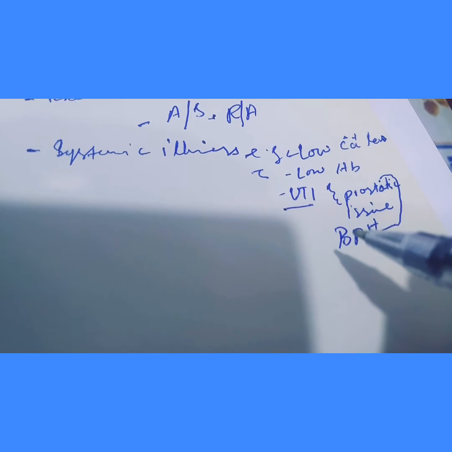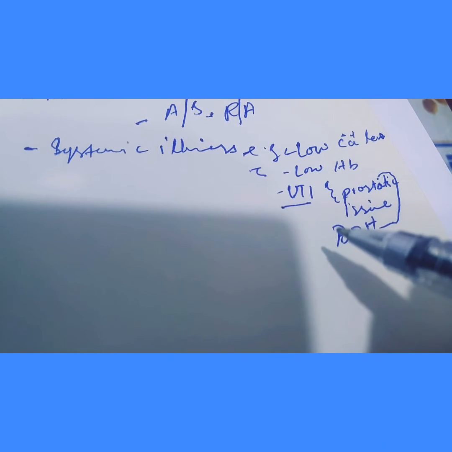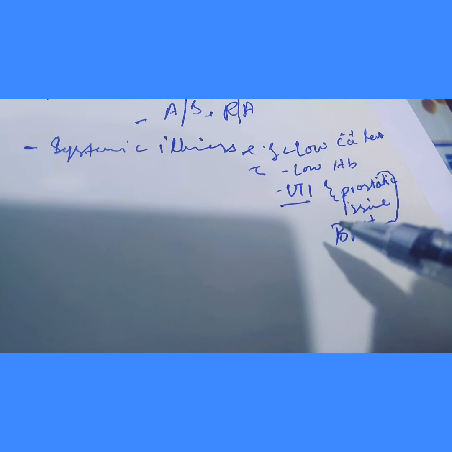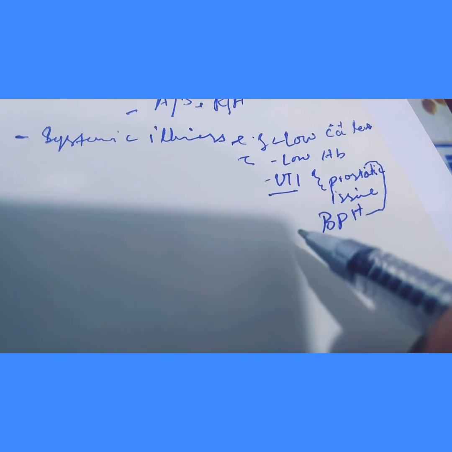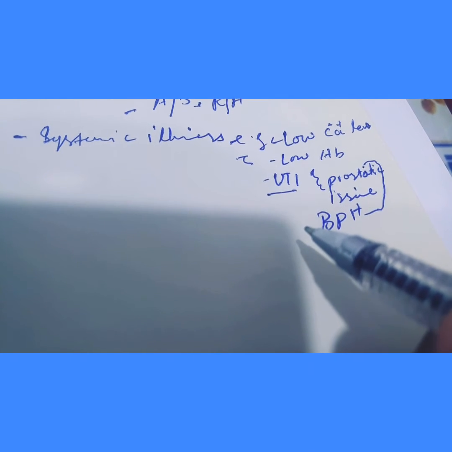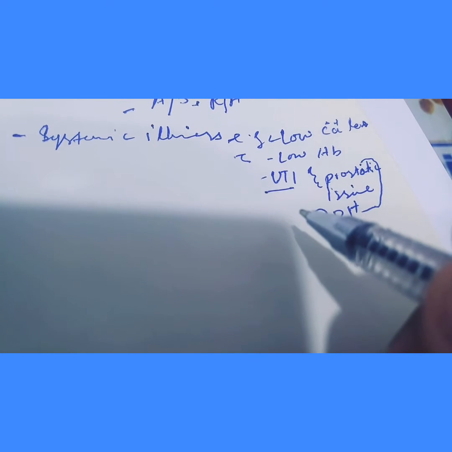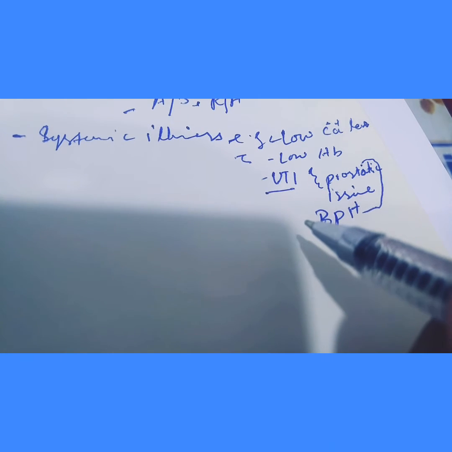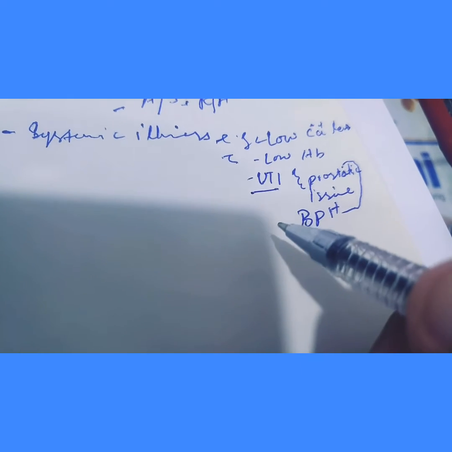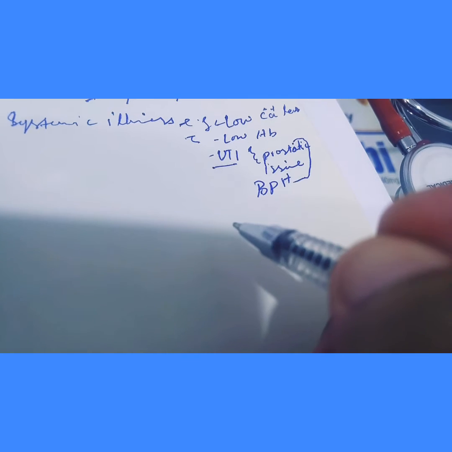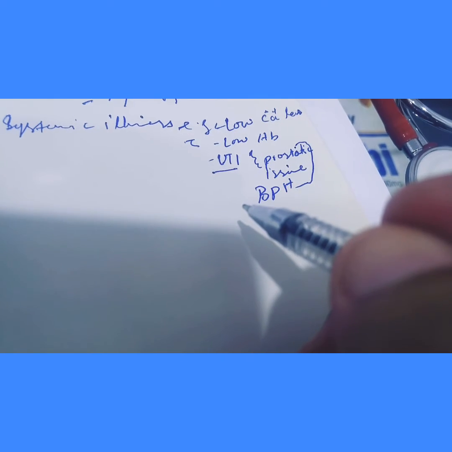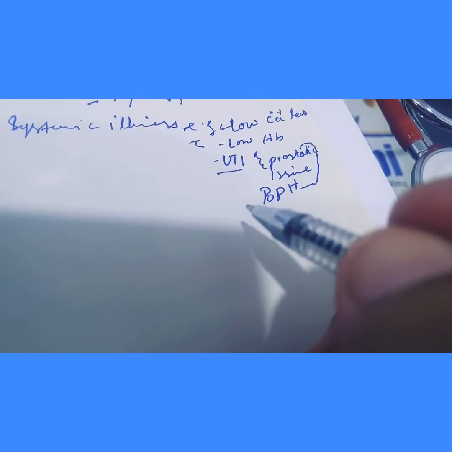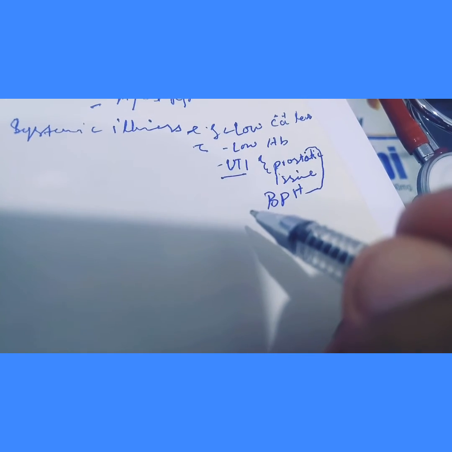Another, we can also say that some other problems like any internal issue of the small intestine or large intestine can also cause low back pain. For example, any inflammatory condition which inflames the small intestine or the large intestine can cause low back pain.